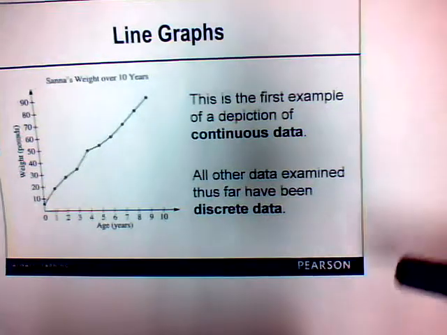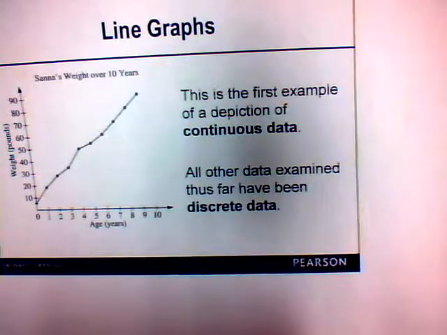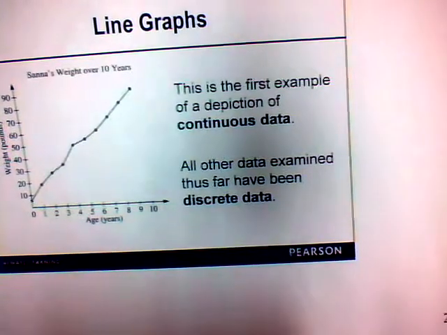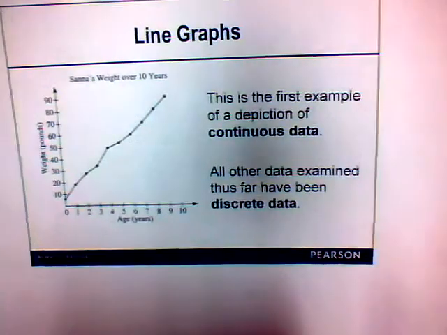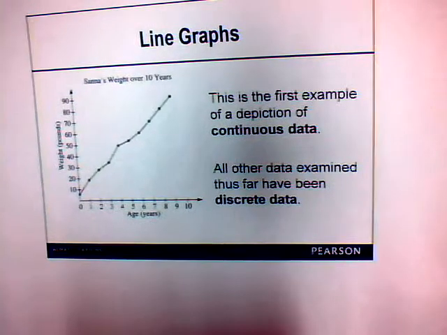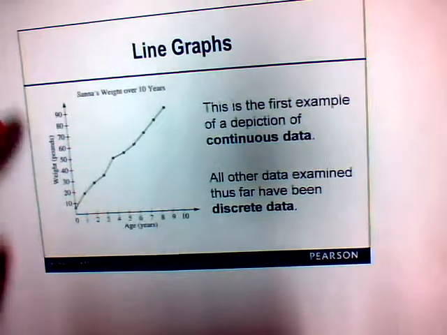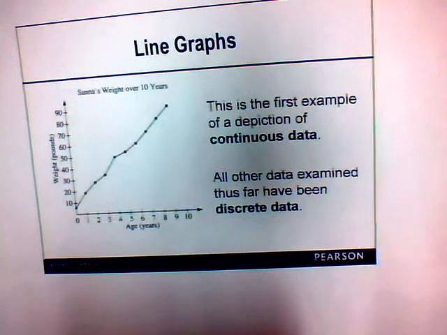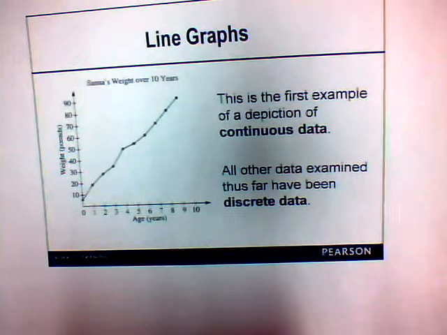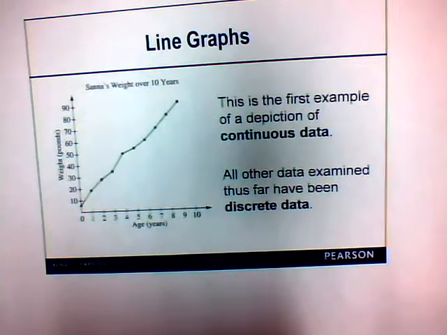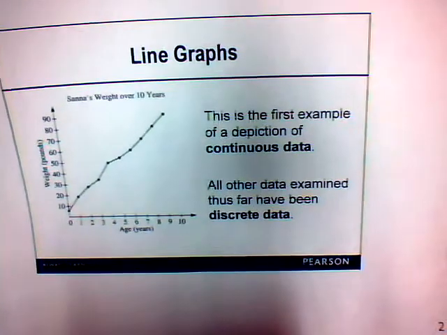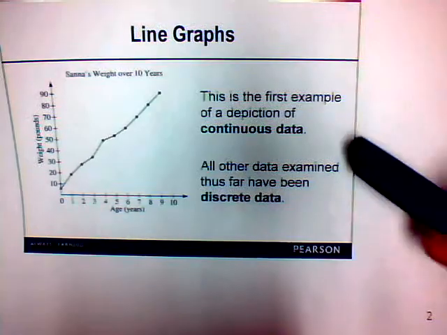Discrete means data values that can be counted, like how many students there are in a single class. Whereas continuous data is something that can be measured, like weight. A person's weight can be measured to a precise number. The distance that a person traveled can be measured by a precise number. So that's the difference between discrete data and continuous data.